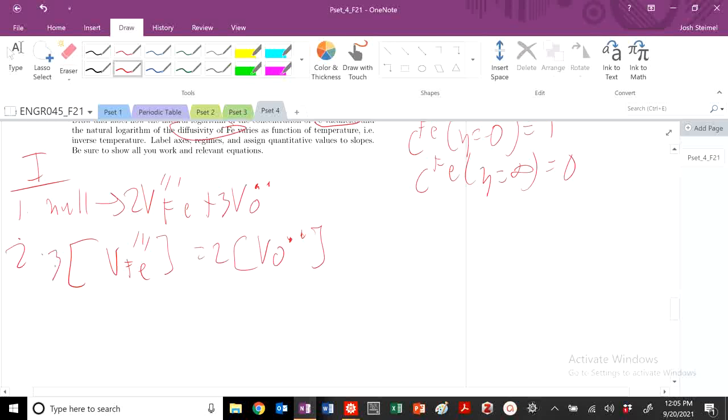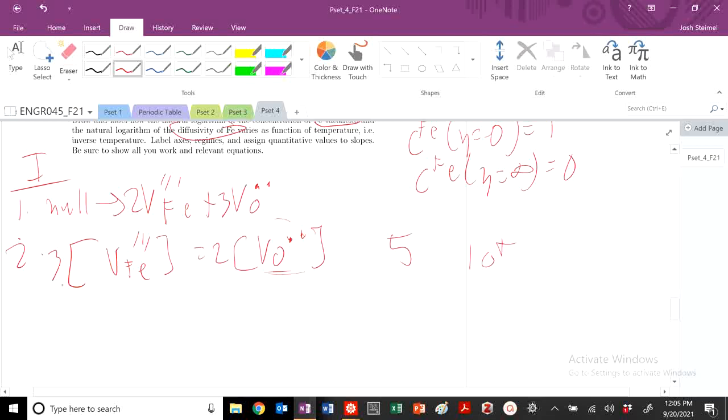Does this make sense? For example, if my concentration of vacancies of oxygen was, let's make it 5, then I have 5 times 2, so that is 10 positive charges.